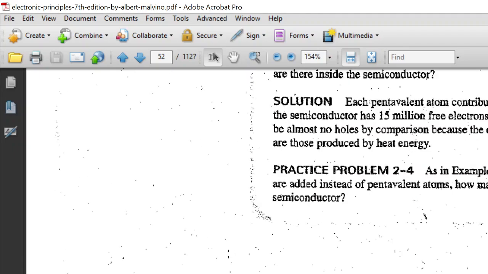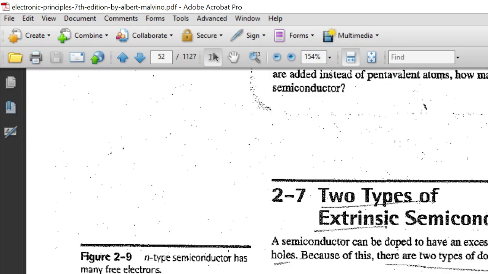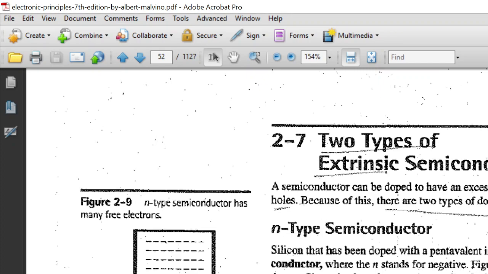This is about doping, and these two types of doping give rise to two types of extrinsic semiconductor. We talked about intrinsic semiconductor, which is the pure semiconductor. Now we have impure semiconductors, which are called extrinsic semiconductors. The semiconductor having pentavalent impurity, giving rise to an excess of free electrons, is called an N-type semiconductor.